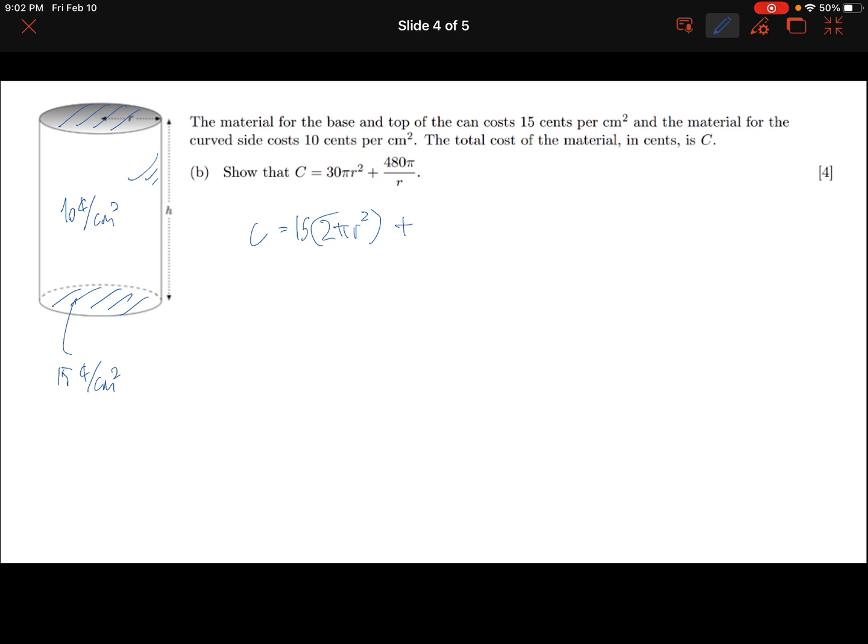If you were to slice the curved side from top to bottom, it would end up flattening out. It would look something like this. It would look like a rectangle, and then you'd have the circle for the top and the circle for the base. That's the material you need.